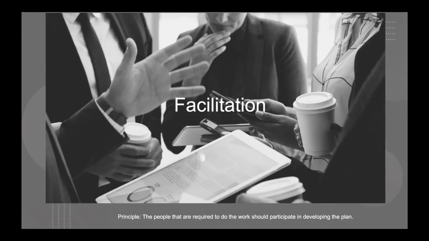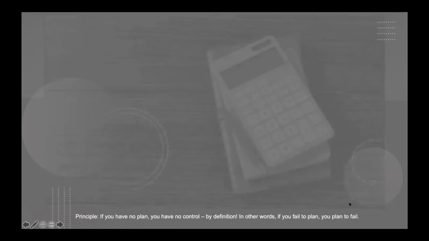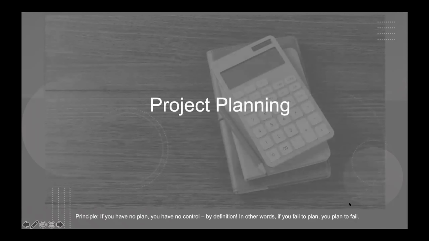So the next step in project management is the project planning phase. Before the project starts, you want to develop a plan with steps that will help you achieve the end results that you desire. The principle that applies here is if you have no plan, you have no control.